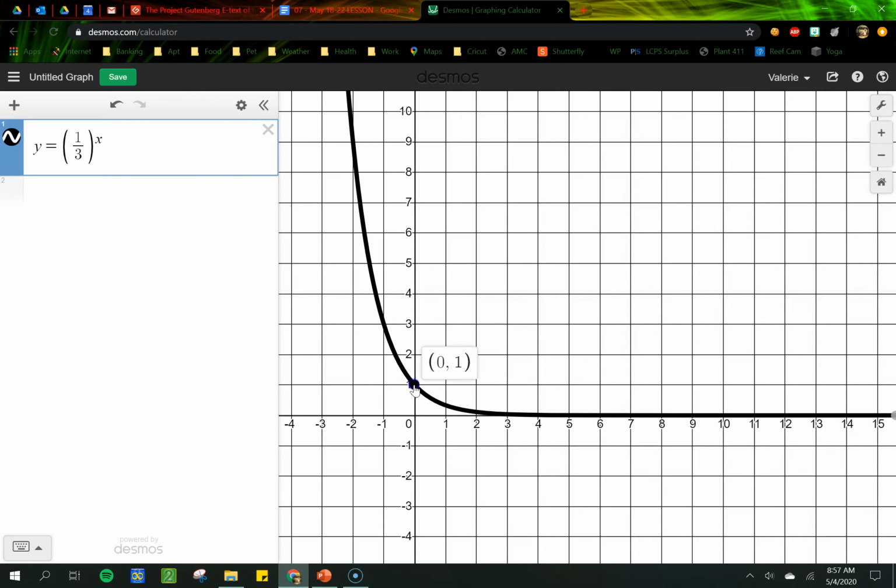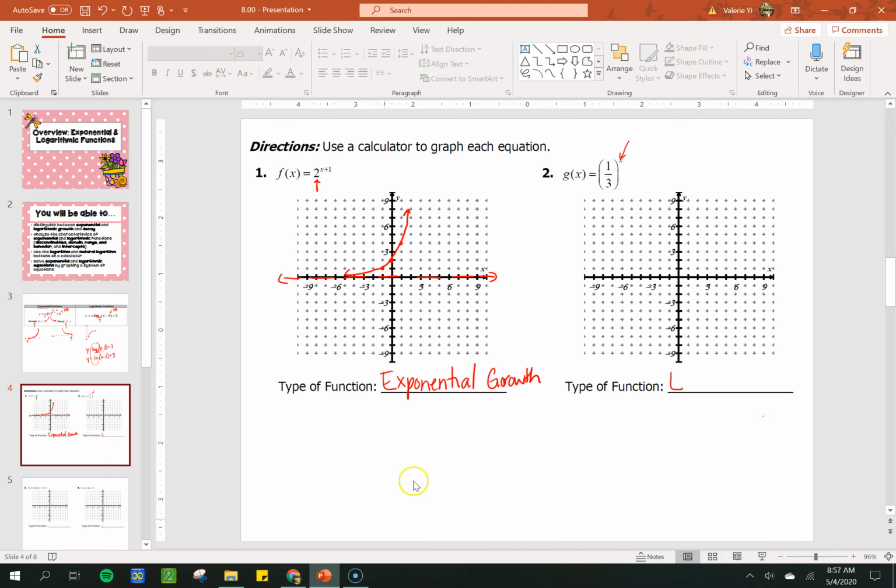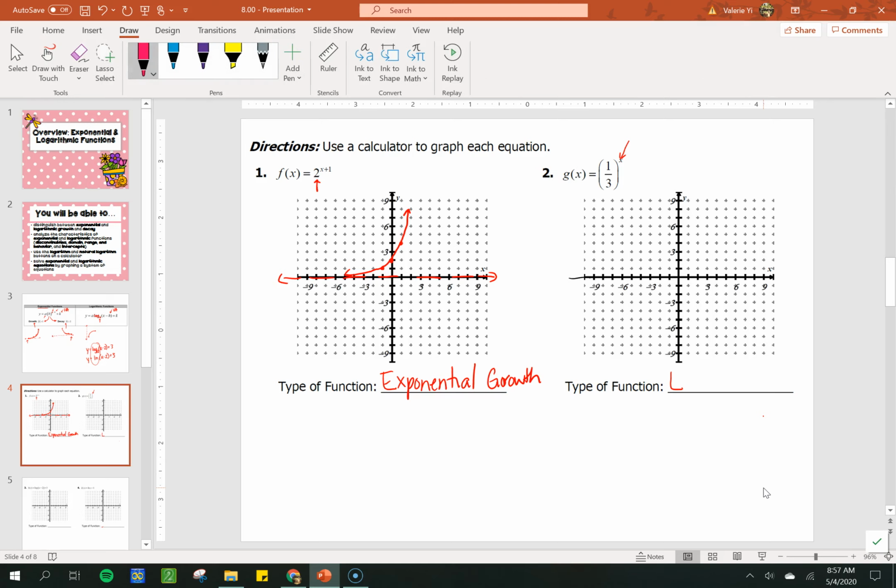We've got the y-intercept, and if we go far to the right, you see how, again, it's rounding to 0 because all of these decimals get so small it has to round because it's run out of decimal places. So that means our horizontal asymptote is going to be at 0.